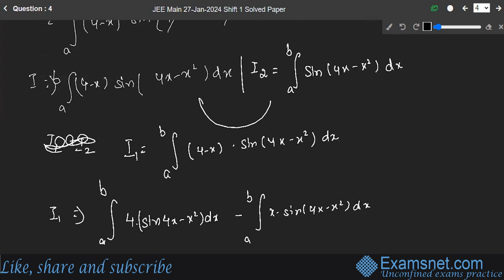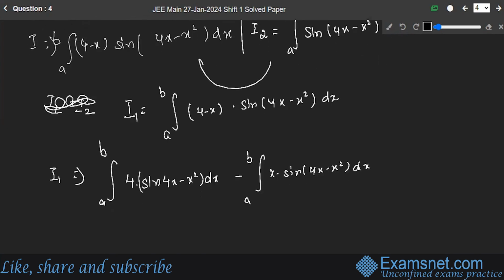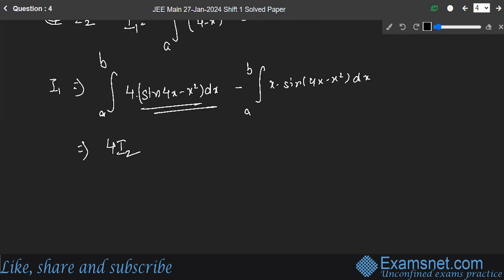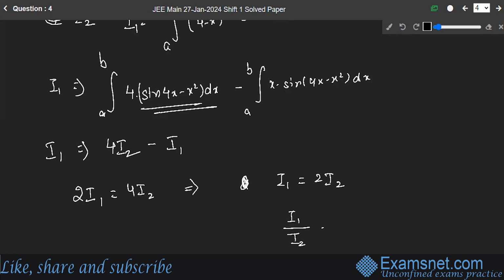Now what is your I2? This is equal to 4 I2, and this is equal to your I1. So I1 is equal to 4 I2 minus I1. That gives you 2 I1 is equal to 4 I2, or I1 is equal to 2 I2. So I1 upon I2 is equal to 2.